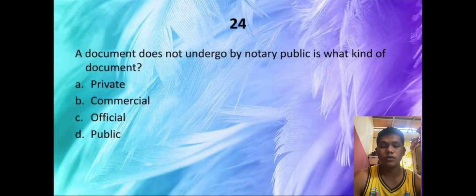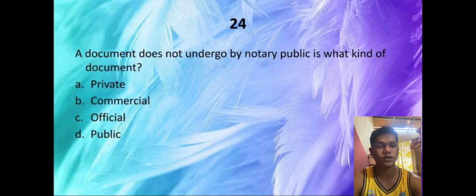Letter B, commercial documents are related to business transactions and may include contracts, invoices, and other documents. So some commercial documents might be notarized. Not all require it, especially if they do not need formal verification.